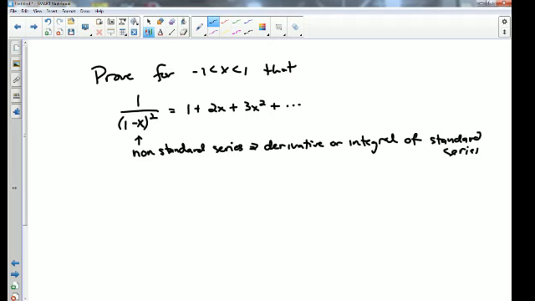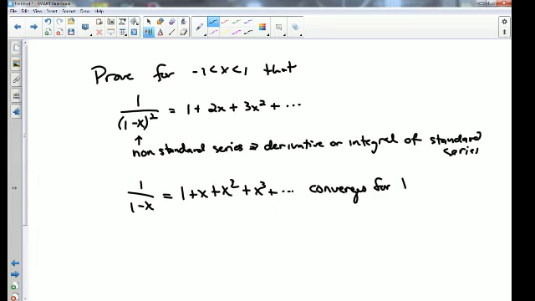Does it look oddly familiar to one of the ones we put on the board over there? 1 over 1 minus x is what? 1 plus x plus x squared, and so on, and converges for what? That's absolutely it. Does that match? Yeah, same thing, right?